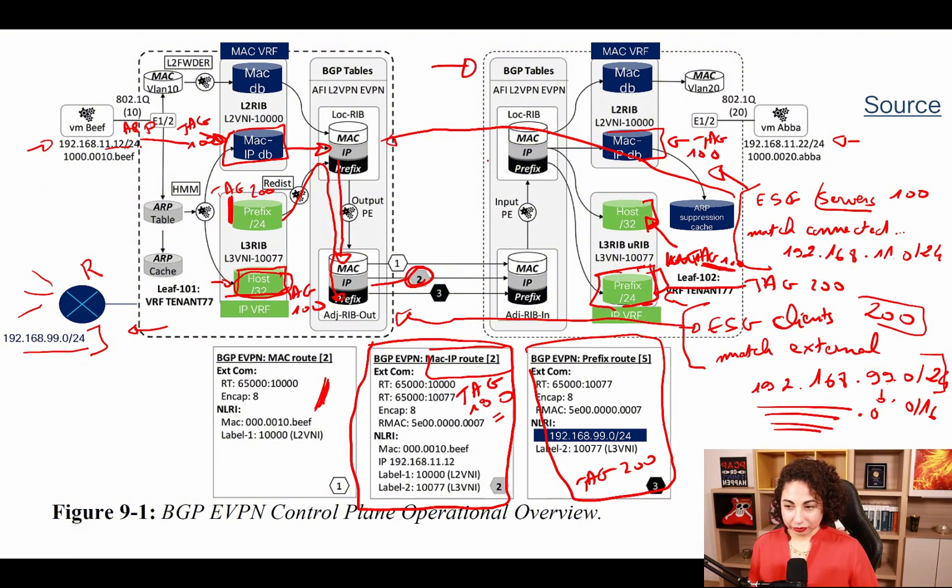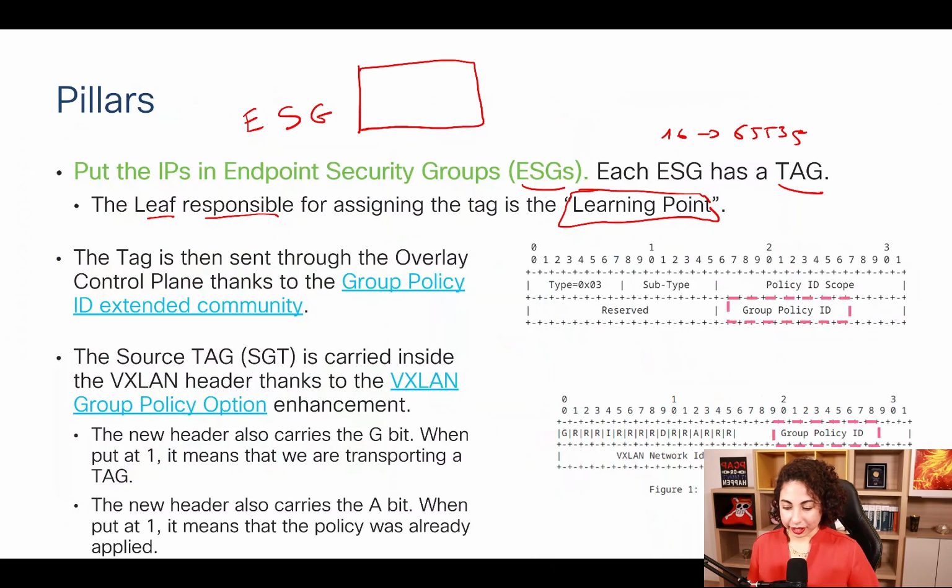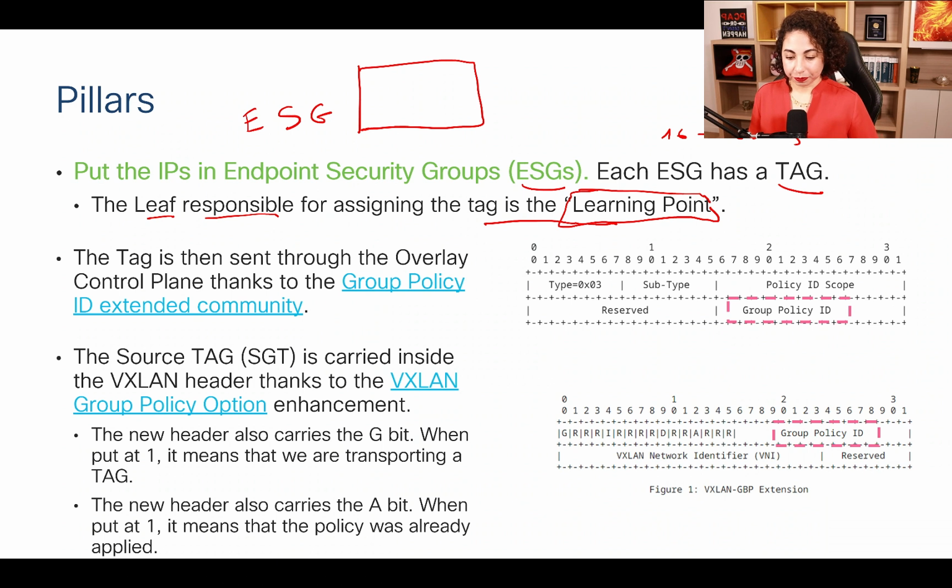Okay, so I really wanted to stress this thing that we are assigning the tag at the entry point, and then we are propagating it through the fabric thanks to our route type 2, MAC to IP updates, and our route type 5's prefix updates. So both of those contain our tags.